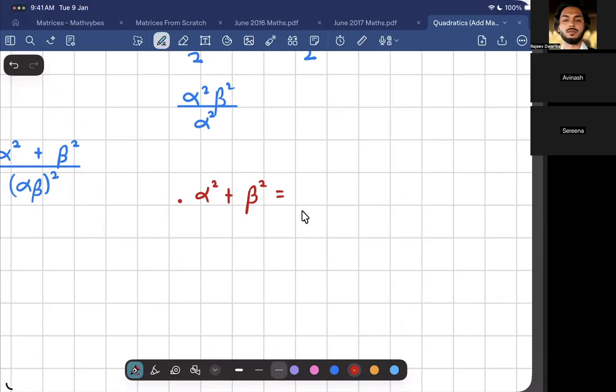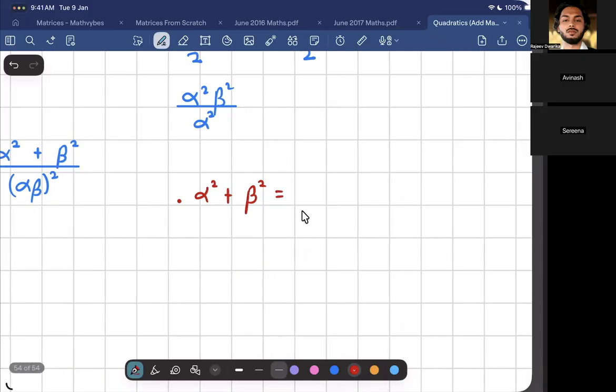Avinash, what is alpha squared plus beta squared? Check your notes. What is that?